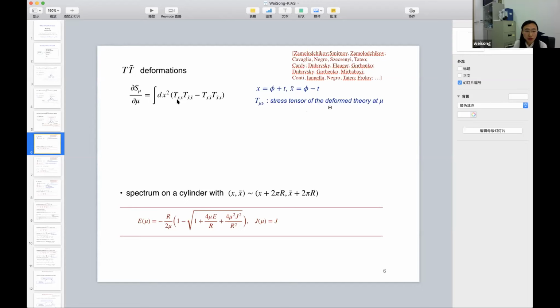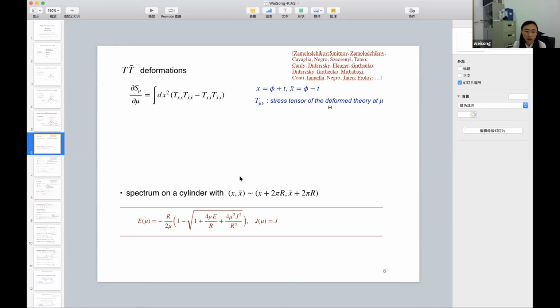This TTbar deformation with this description is actually defined instantaneously. It is defined at any value of the deformation parameter mu.